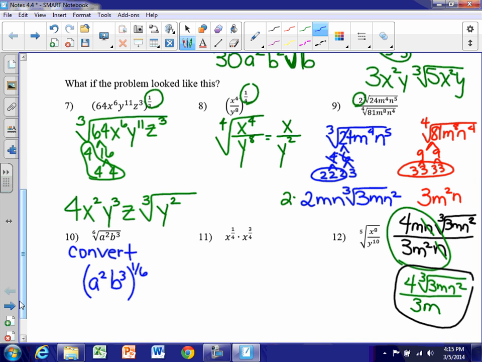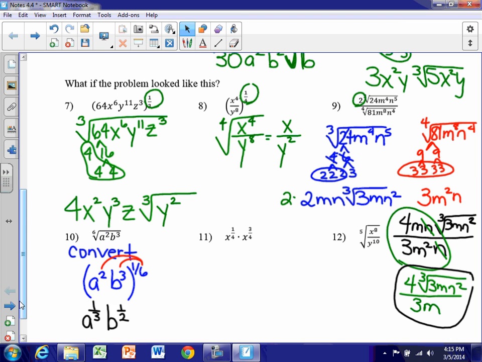But if I have something like that raised to a power, then technically I can distribute the 1/6. And when I do 2 times 1/6, I reduce and get 1/3. And then for the b, 3 times 1/6 reduces to be 1/2. So just make sure you read the directions. I might ask you to break it down or rewrite it.